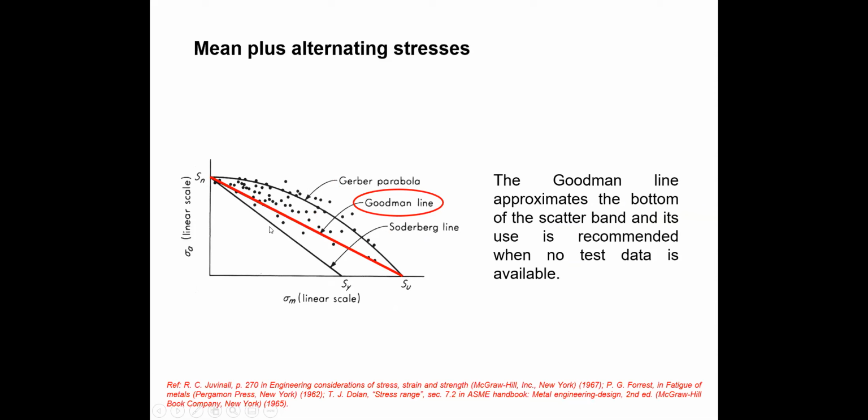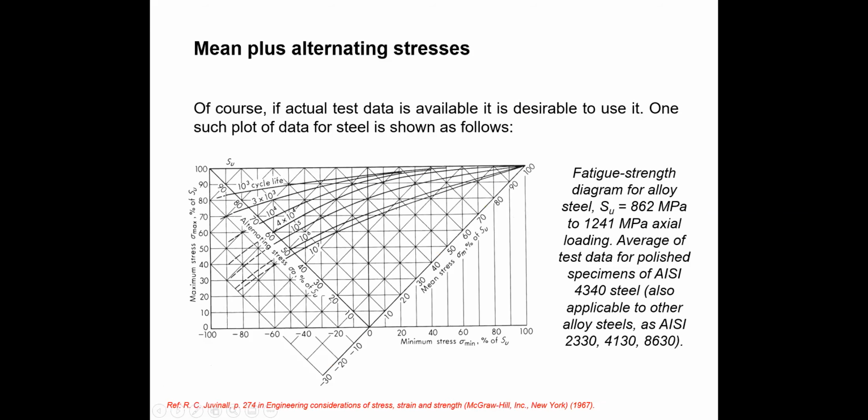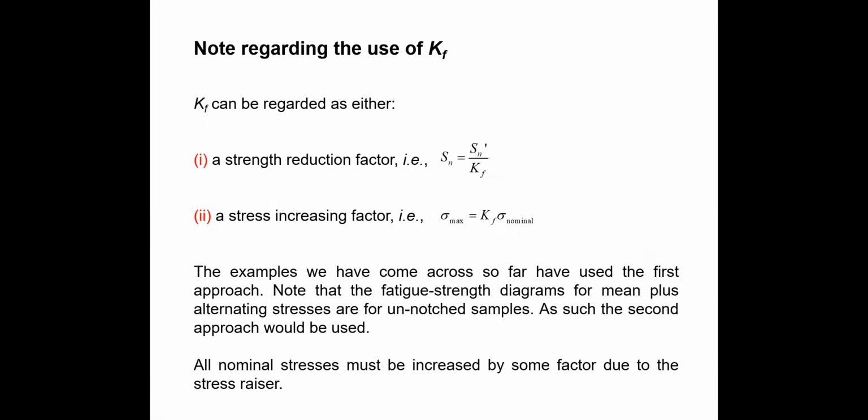But if your stress values are inside this triangle, you can say it has an infinite fatigue lifetime. That's all you can say in here. But using the other diagram, you can say how many cycles you need to apply to break it. Later on, I will explain. This is a very important thing.